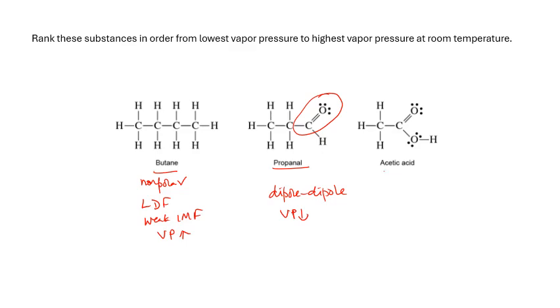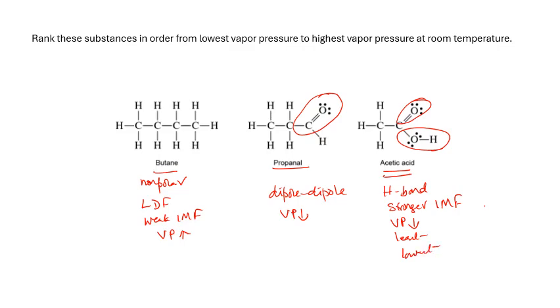And now what about acetic acid? I can have a hydrogen bond here, and when there is hydrogen bonding, it's going to be stronger. And I can have the polar part here as well. So this is going to be the strongest IMF among these three molecules, right? Stronger IMF means it is hard to break the attraction between the molecules, so we will have the least vapor pressure here, the lowest vapor pressure, so acetic acid.